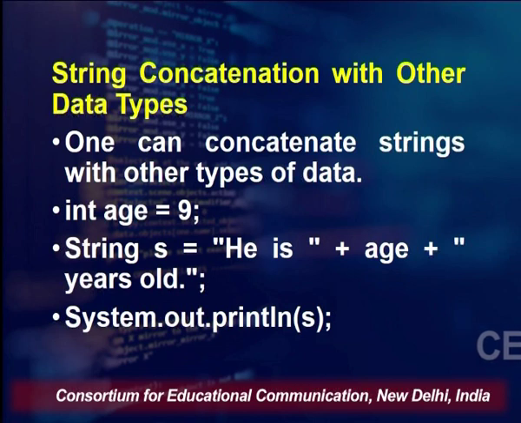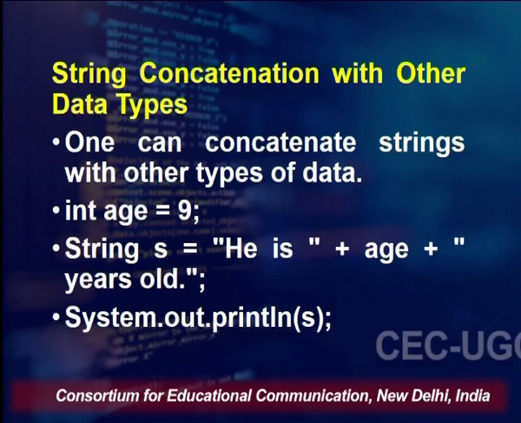If you look at it minutely, what is happening here is that the strings "He is" and "years old" are being concatenated with a different type of data, which is an integer. In the previous lecture we saw concatenating strings with other strings, and here we are looking at concatenating strings with other types of data.